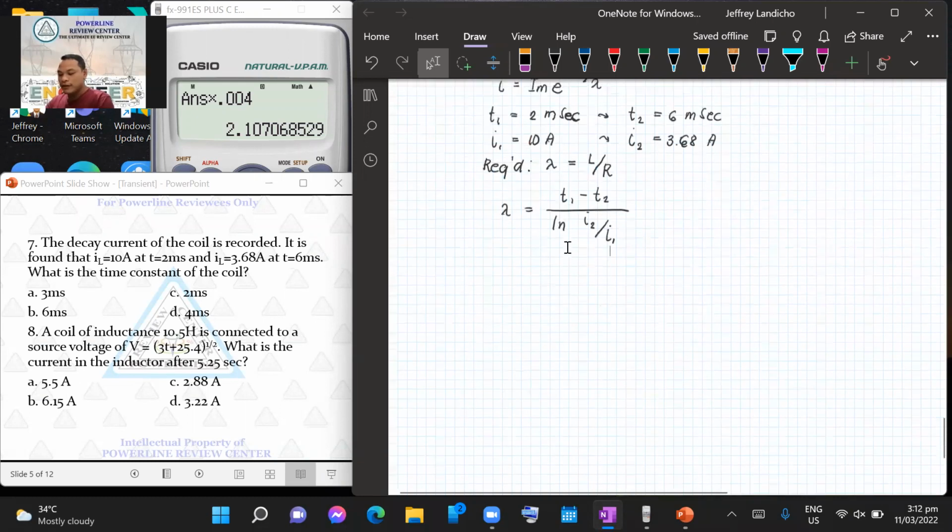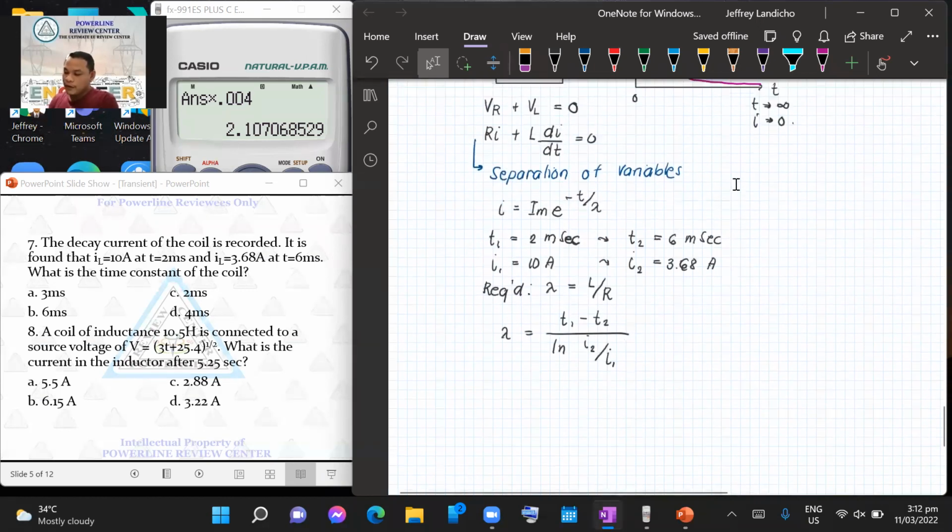we can go straight to it. We already derived this equation earlier. If the voltage drop across the inductor is given, it is VL2 over VL1. Since here the decay current is given, it is I2 over I sub 1. So in that case, I can directly say that the time constant for this given circuit is t sub 1, that is 2 milliseconds, so 0.002, minus t sub 2, 0.006, over the natural log of I sub 2, 3.68, over the given current of 10 ampere.